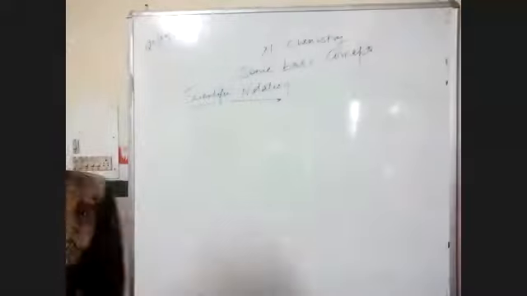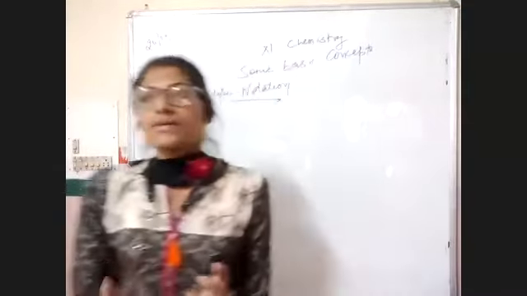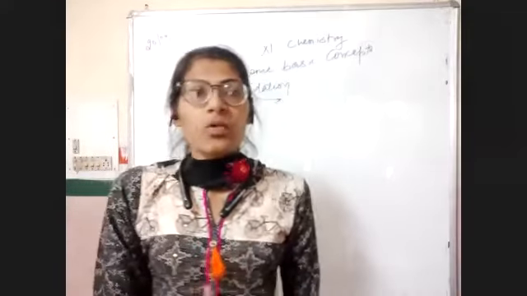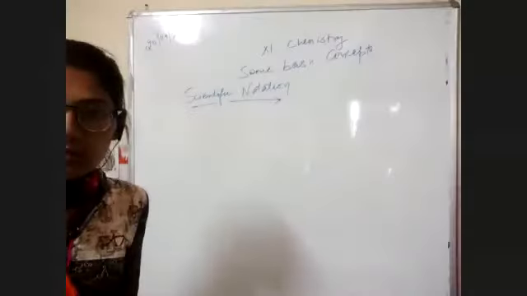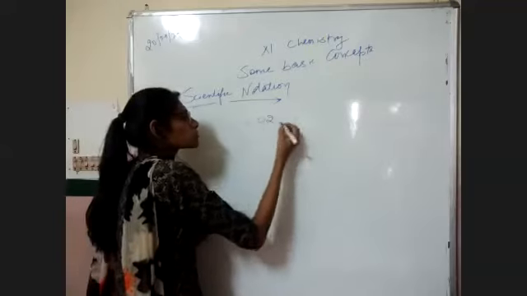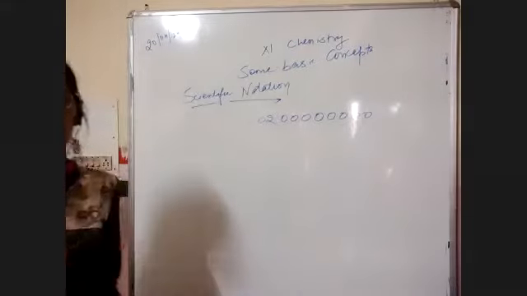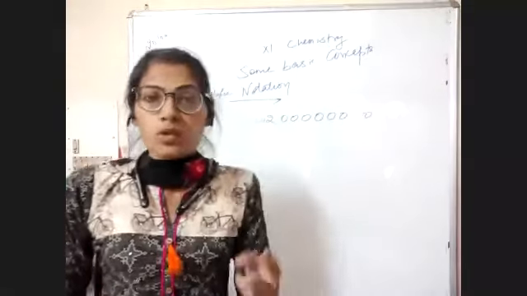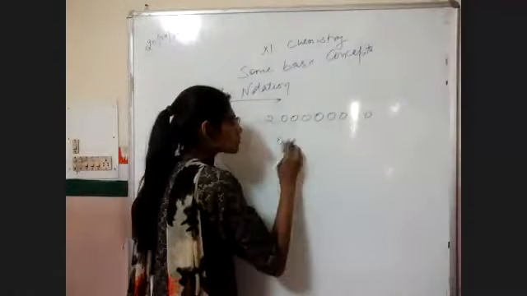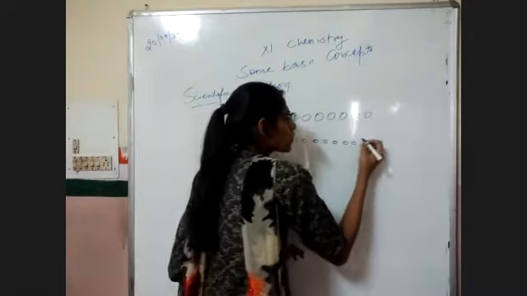So class, you know very well that in chemistry we have to deal with so many figures, so many numbers. If I'm talking about Planck's constant, or Avogadro's number, you know very well that these are very big numbers. Like this one, which is the mass of 2 hydrogen atoms. And similarly, if I'm talking about Bohr's constant, that is 0.0000016.